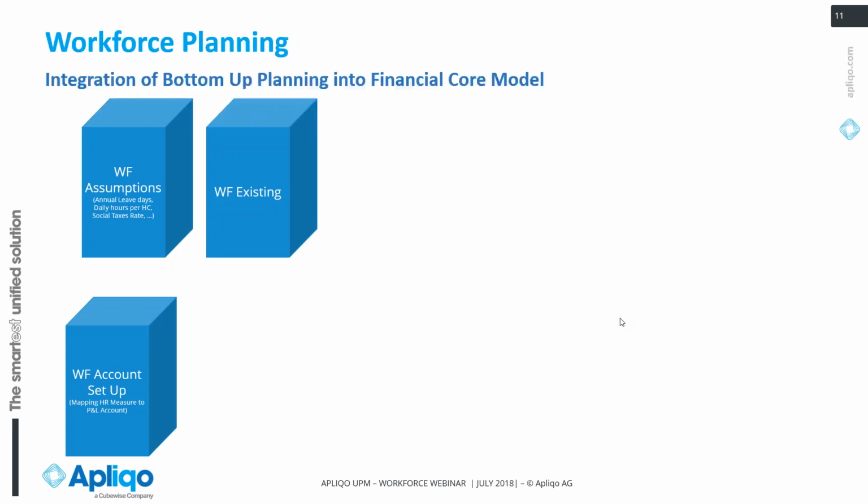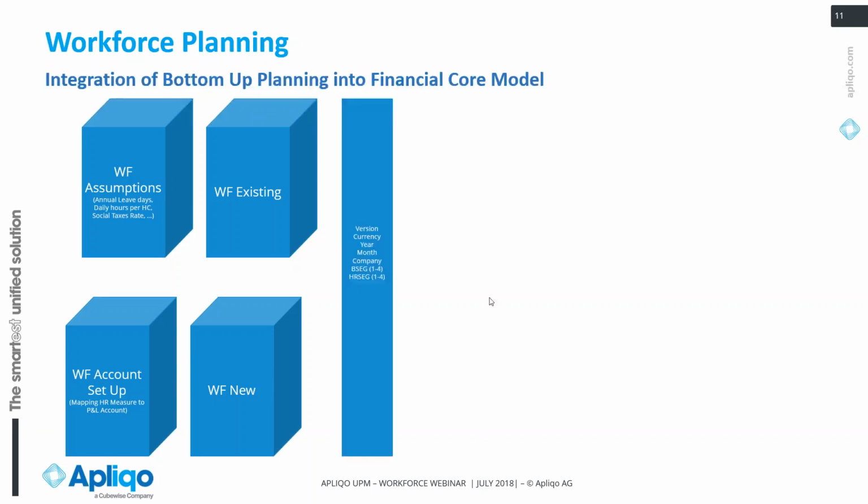Then you have the ability to plan all existing employees, so that you load data from the source system into an initial month, and from there you can then plan in and out of already existing employees. There is a layer where you can plan completely new employees, new hires, based on different kinds of dimensionalities.